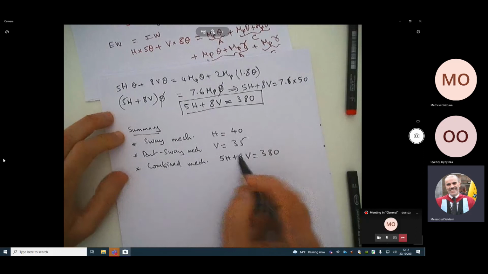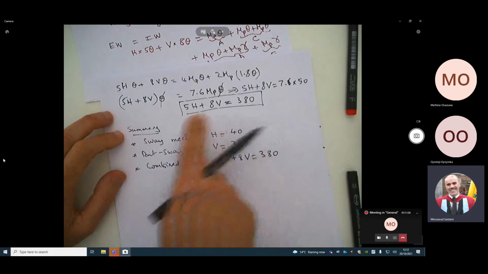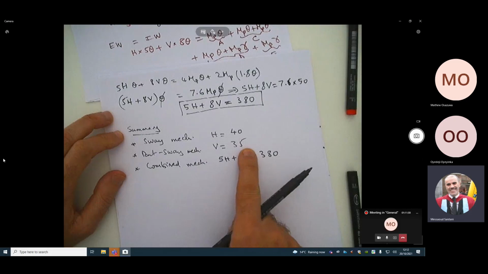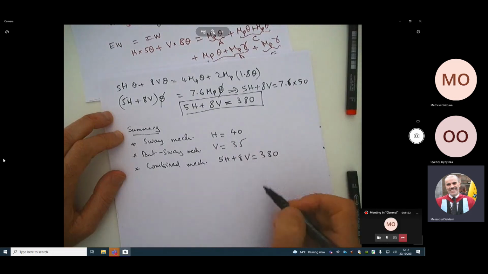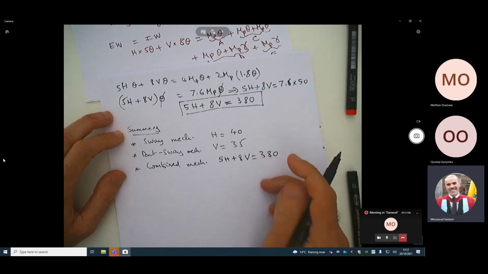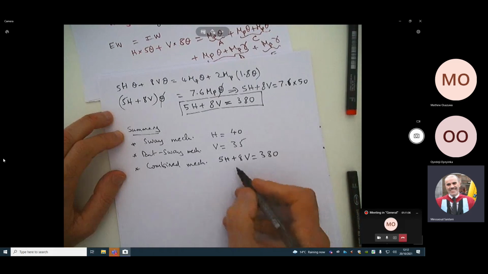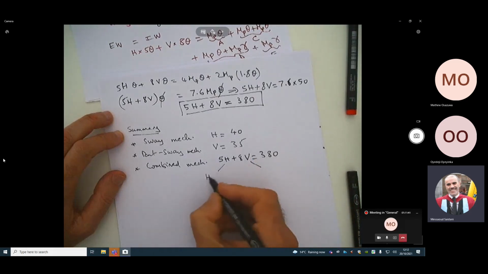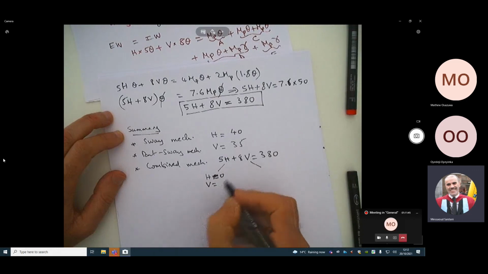Okay. So we have H equals 40, that's a straight line. V equals 35 is a straight line. And here we have 5H plus 8V, which is linear. So I need 2 points to draw a line. For H equals 0, it gives me 380 over 8.